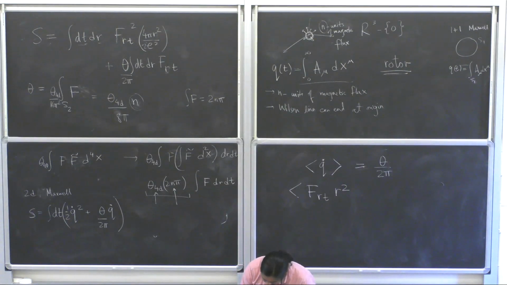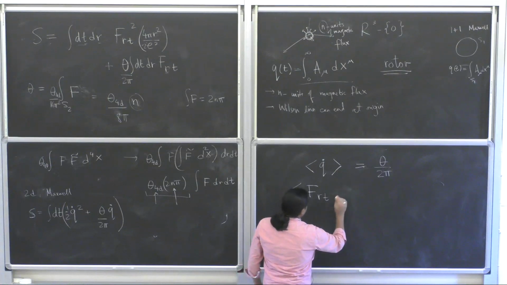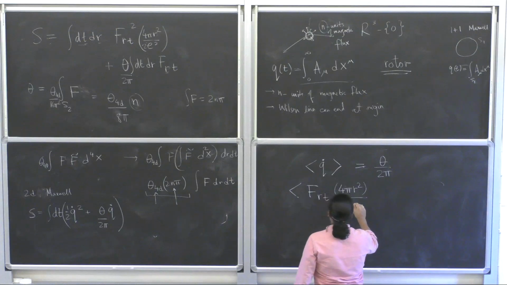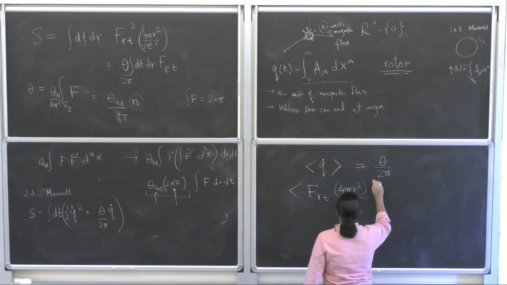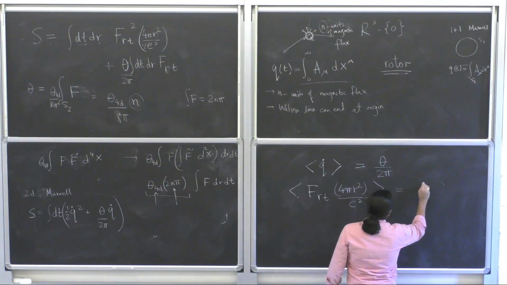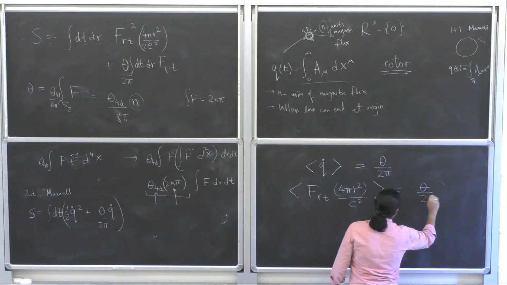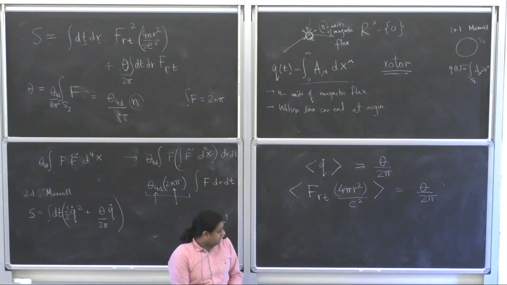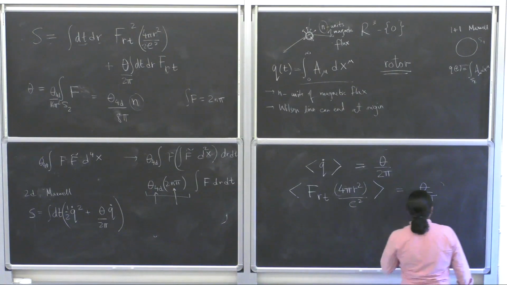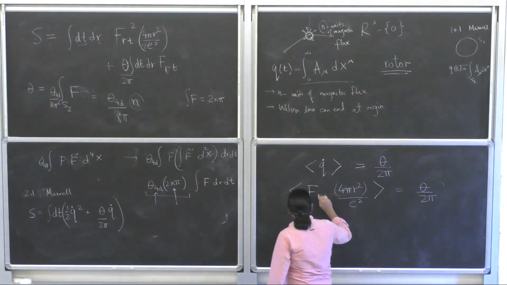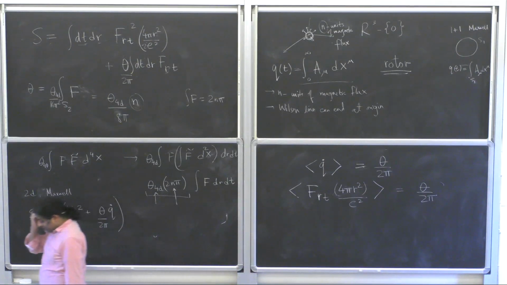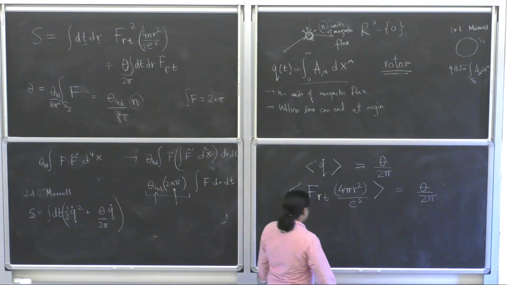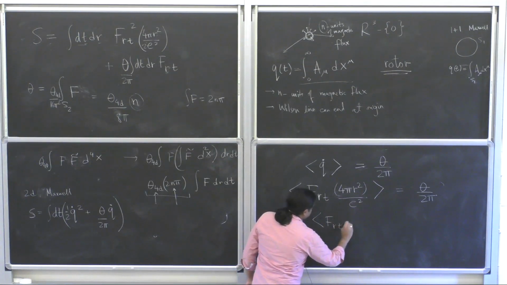Let's get the normalization right. Including factors of r squared, what this matches onto is that F_RT, or the electric field weighted by this quantity, is equal to theta over 2 pi in this theory.